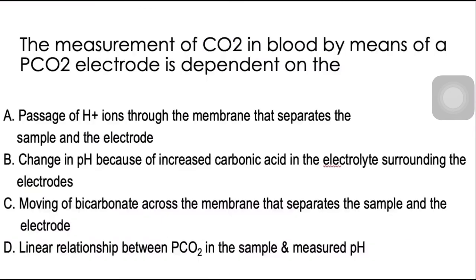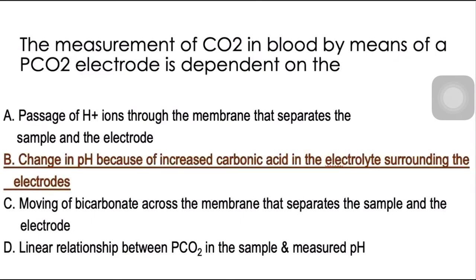Okay? So pag tinanong tayo, the measurement of CO2 in the blood by means of a PCO2 electrode is dependent on the letter B, change in pH, because of increased carbonic acid in the electrolyte surrounding the electrode. So what we are measuring is the change in pH pa rin. Okay? In the PCO2 electrode.